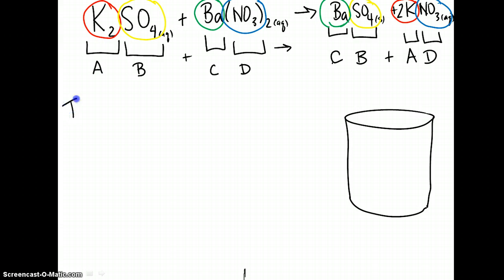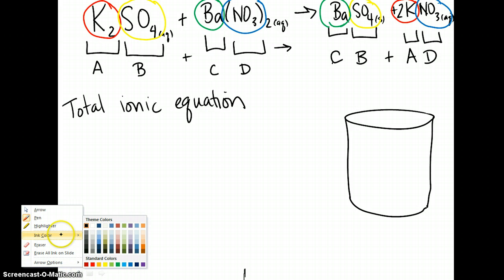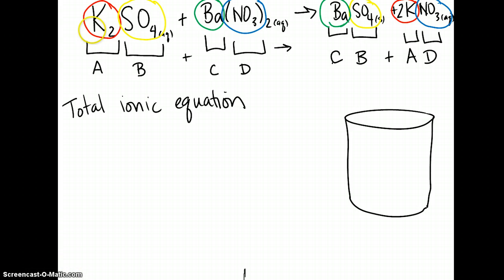On this side, I'm going to write total ionic equation. And we're more or less going to match our picture to our ionic equation. So let's start with our potassiums. It looks like I have 2 potassiums here. And I know I have 2 because of the subscript 2. So I'm going to draw 2 dots.